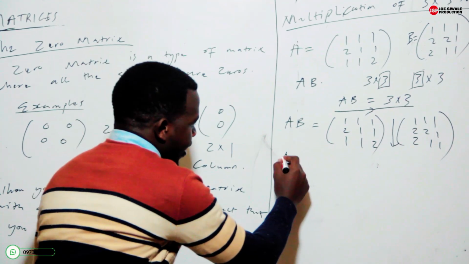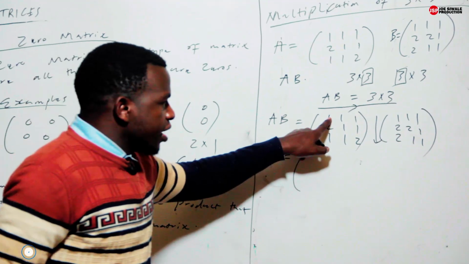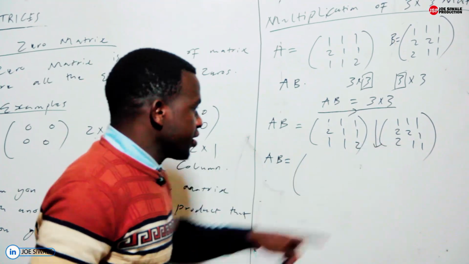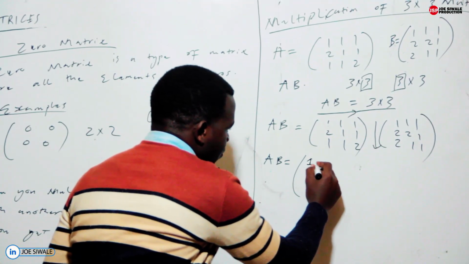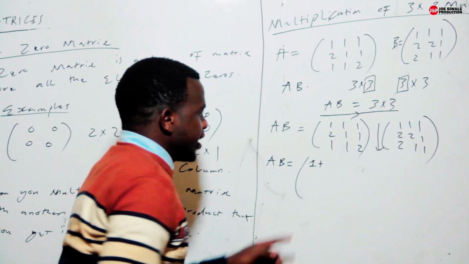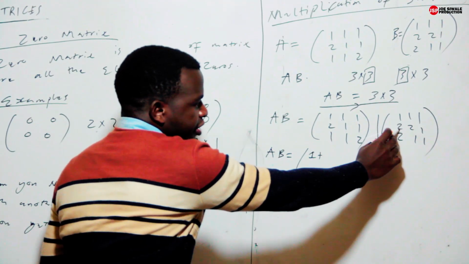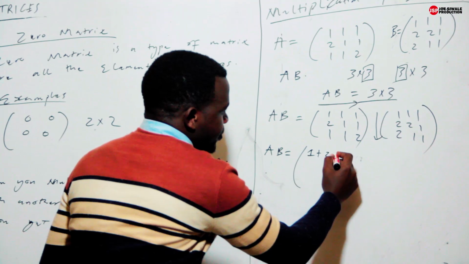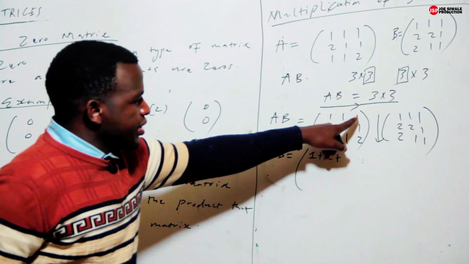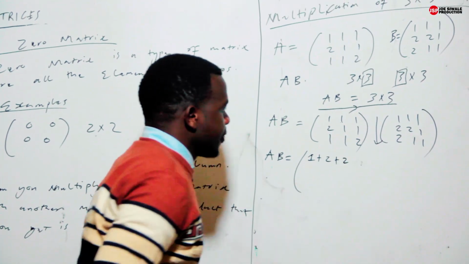So AB is equal to, 1 multiplied by this 1. So we're going to say 1 plus. Then we'll go to our second element in our first row. We'll say 1 multiplied by 2, so we're going to get 2, plus 1 multiplied by this 2, we're going to get 2.